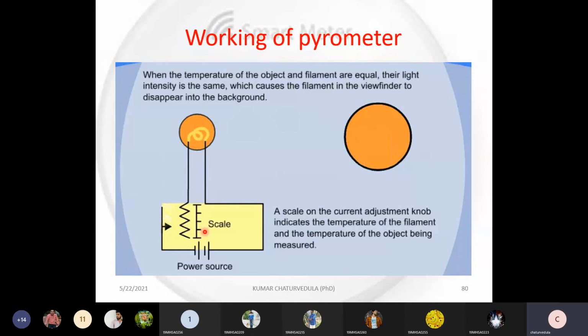Whatever the value is at the particular condition when the object's color and temperature and your filament temperature are both matching with respect to their light intensity, you note down the value corresponding to the rheostat position on the scale. That is how you are going to measure the temperature.